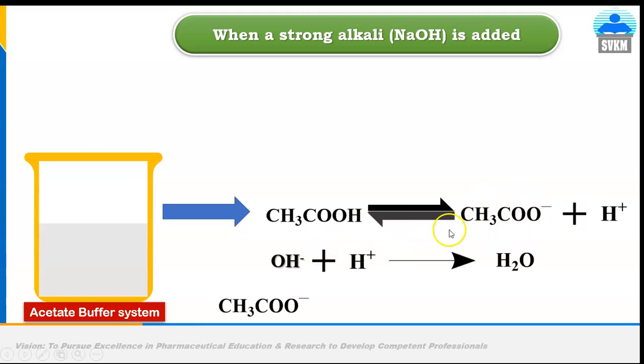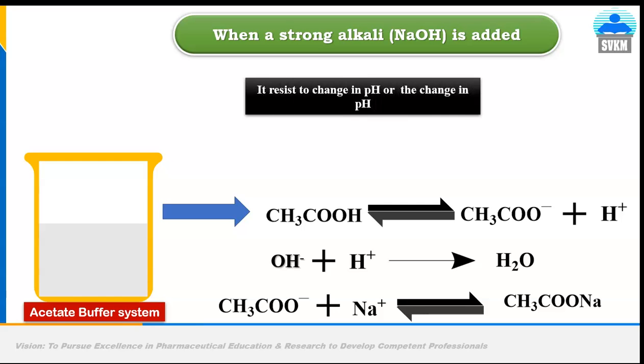The remaining part of the strong alkali, the sodium ion, combines with acetate ion and is converted into sodium acetate, and in this way it resists the change in pH, or the change in pH is very small.